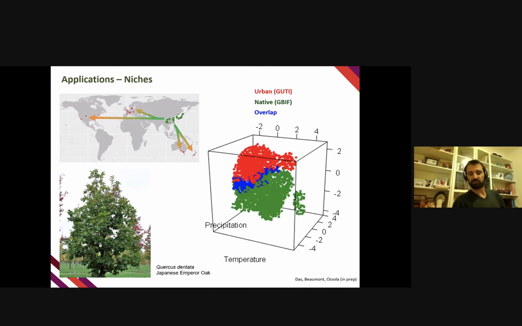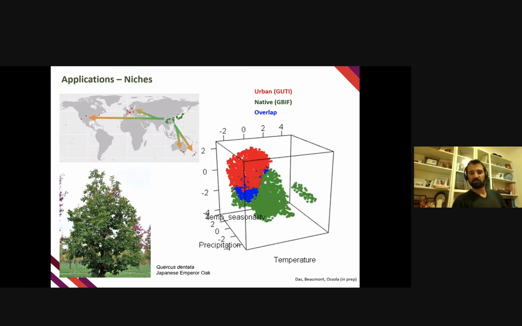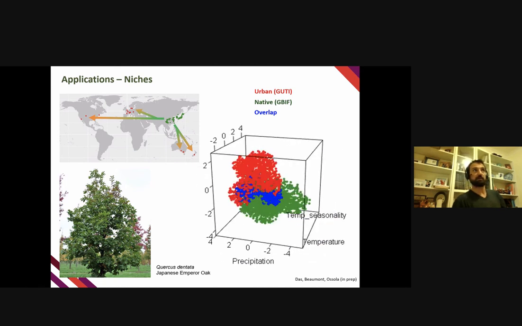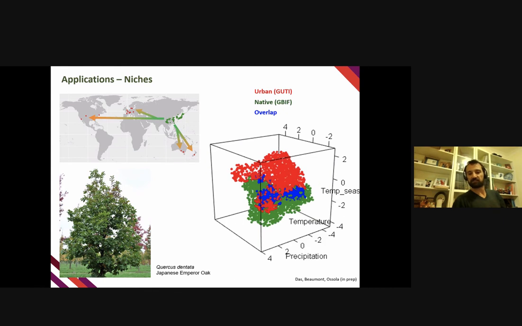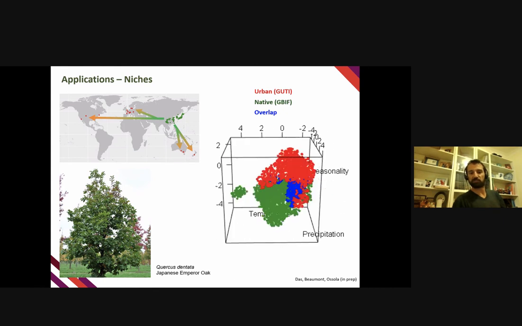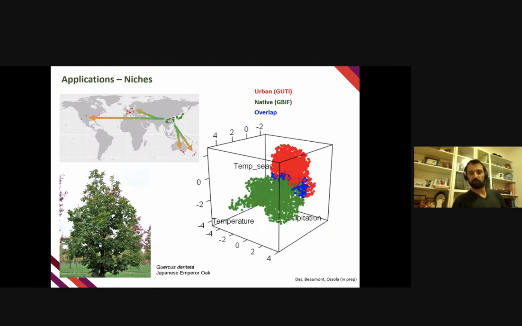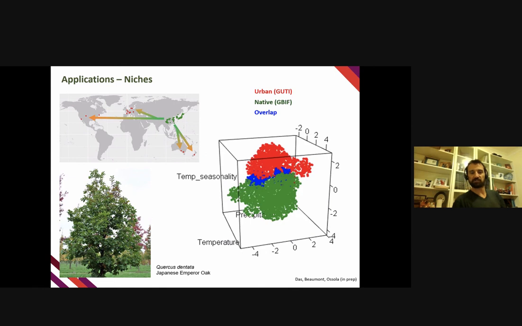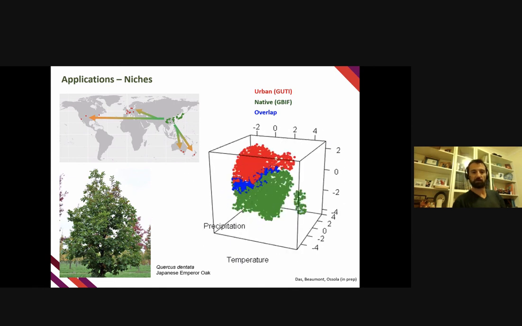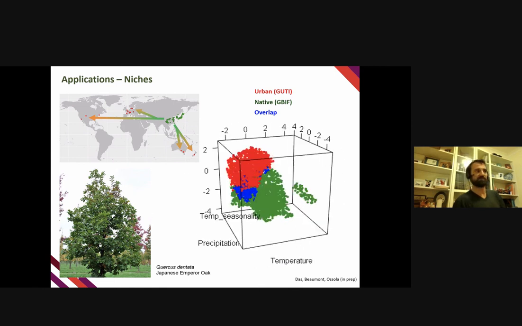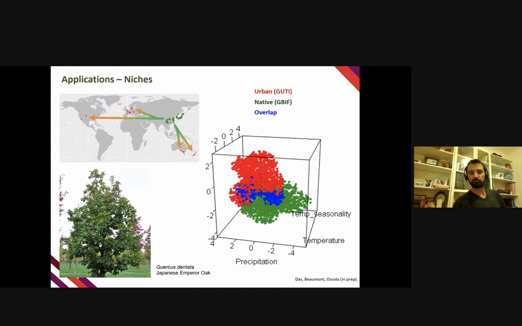Precipitation is, of course, the second one. So this is not really something unexpected, I guess. It's something that we were expecting. Now we are doing this for several hundred species and trying to see whether there are commonalities based on the type of traits that these species have.